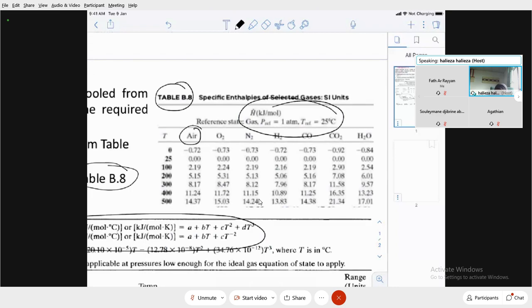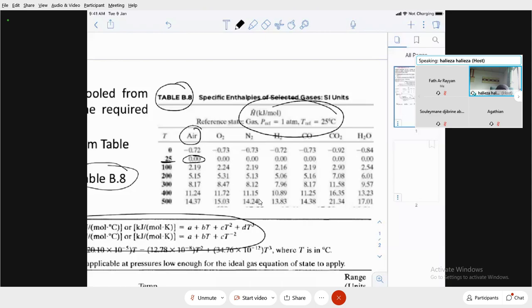If you're going to get your enthalpy directly from any source, your reference state must be the same as that in the table. For this case, your reference state should be where the enthalpy is 0. That means at that temperature, at that pressure.